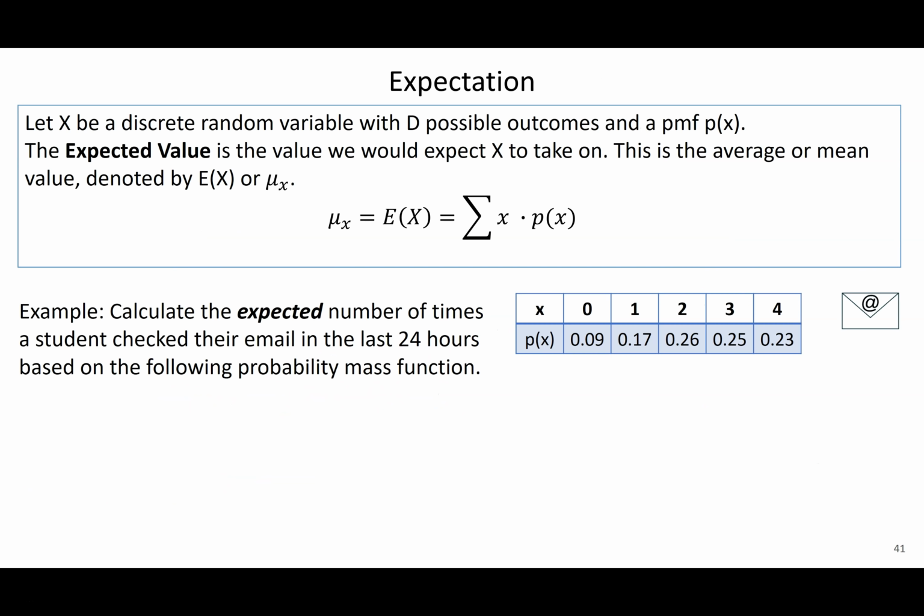So now that we have the PMF and the CDF, what we like to do a lot is talk about expectation as well as variance or standard deviation. When we talk about expectation, what we're talking about essentially is a weighted average. If I have a discrete random variable with d possible outcomes, I'm going to sum over all of the possible outcomes, multiplied by the probability of seeing that outcome, across all possible values and their probabilities.